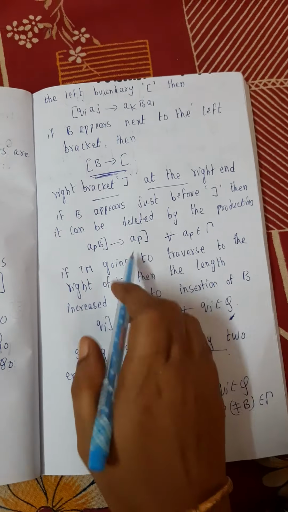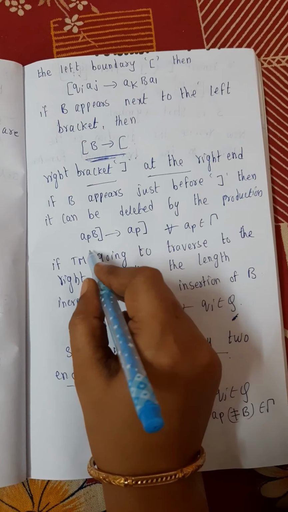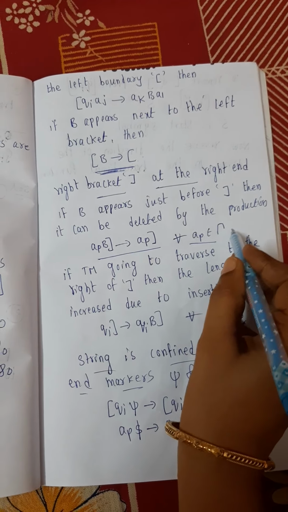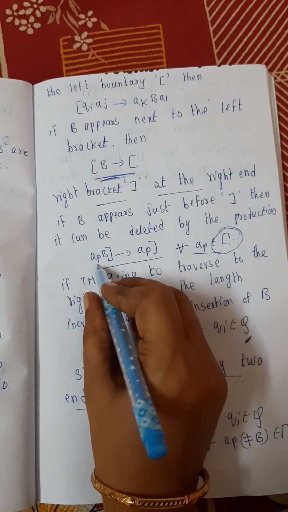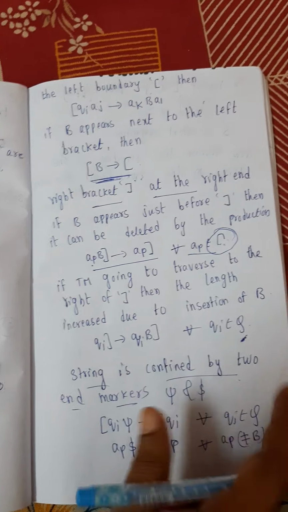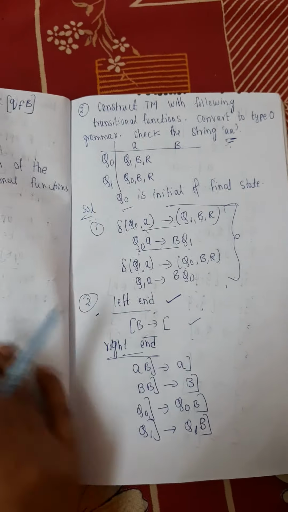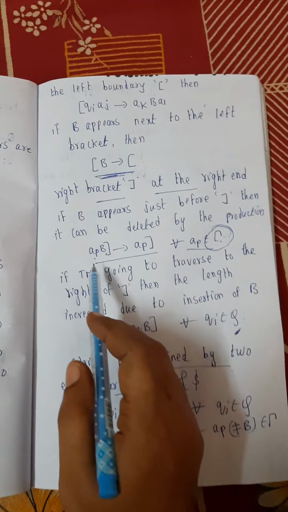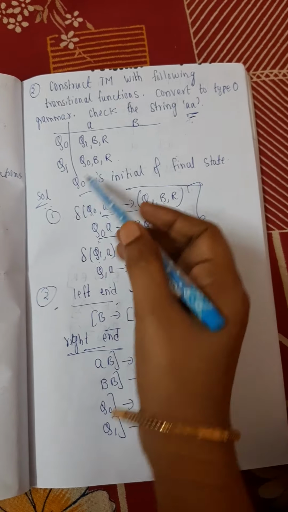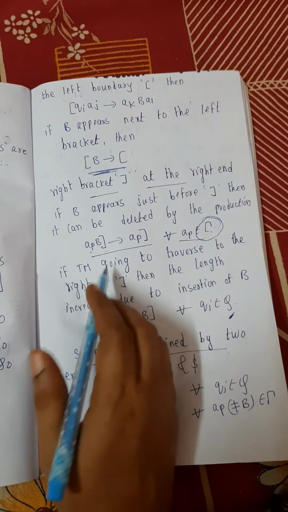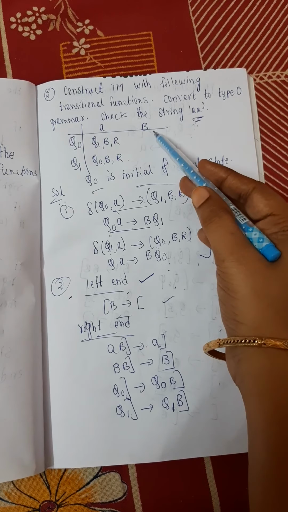For the right hand marker, what are the things you have? If B appears just before, you take this one, for all A, P belonging to gamma. Gamma is all the tape symbols here, nothing but the inputs you have, A and B. So for this one we write AP, B. For AP meaning A, B tends to A. Now what is another input you have?